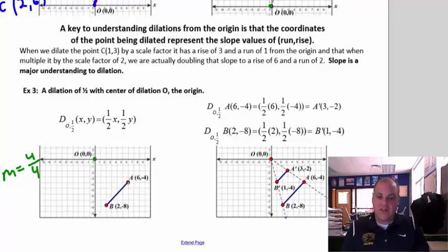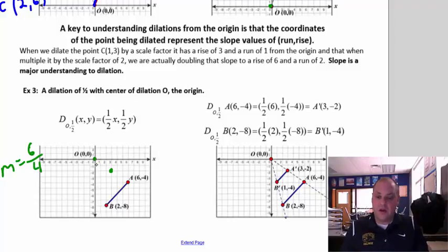So over 6, down 4. Just chop that in half. Okay? So instead of going over 6 and down 4, I'm going over 1, 2, 3 and down 2.